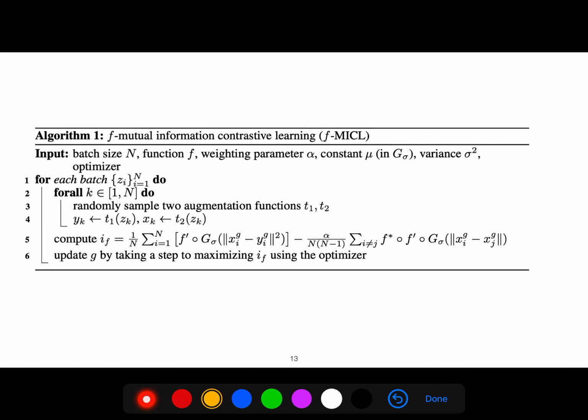So for the algorithm, we have a batch of size n, for example 32 or 64, and then weighting parameter alpha, we have constant mu and variance. So for each batch inside the epoch, for all k, we randomly sample two augmentations, and then we compute this mutual information. But we update this g, we update it by taking a step to maximize I_f.